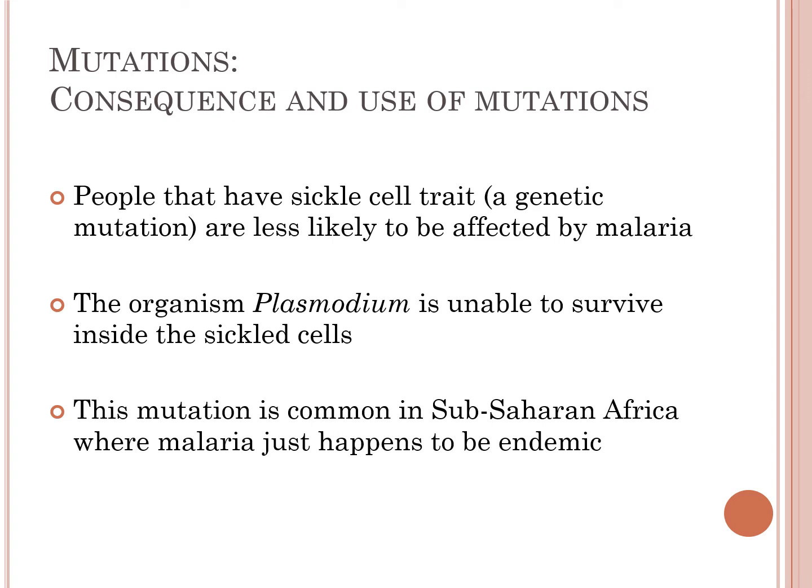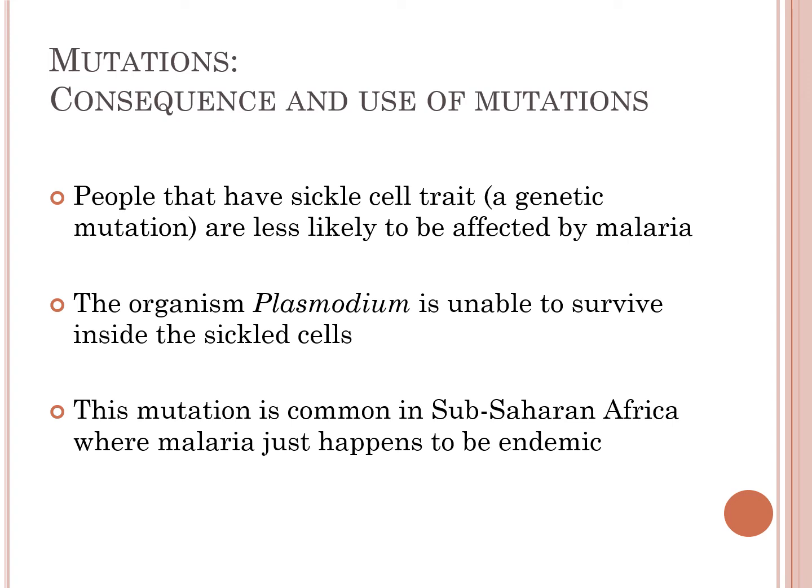Some mutations are beneficial to the host and help with survival and adaptation, but other bacterial mutations can be problematic. People that have sickle cell trait are less likely to be affected by malaria. And that's because people that have sickle cell trait have mutated to be less affected by malaria.